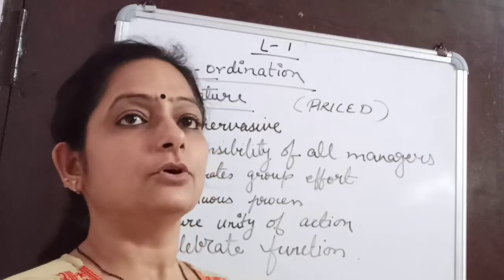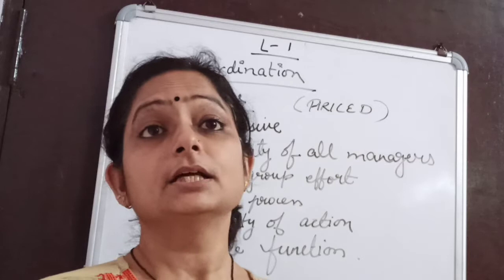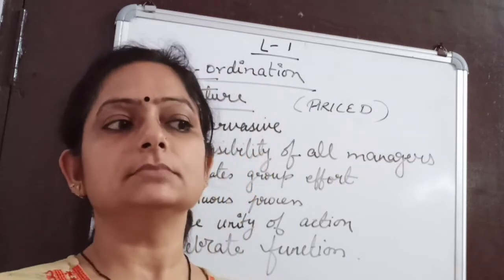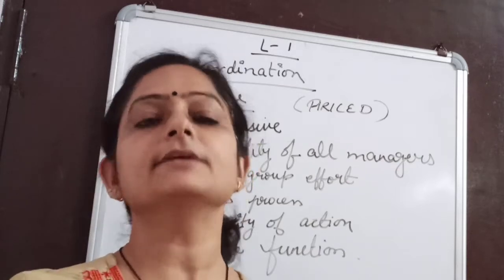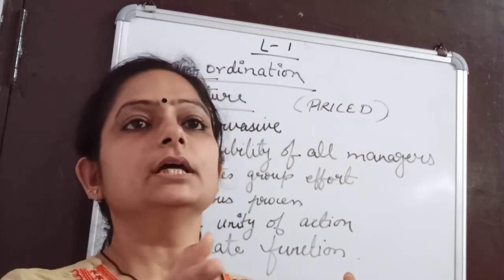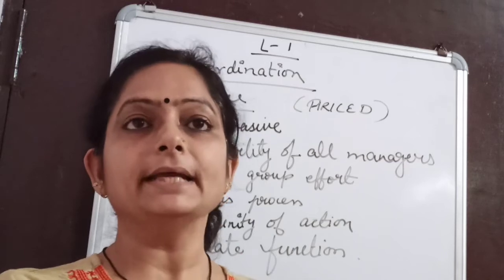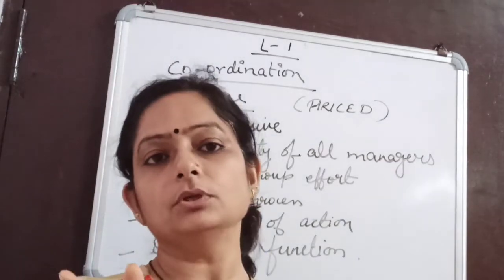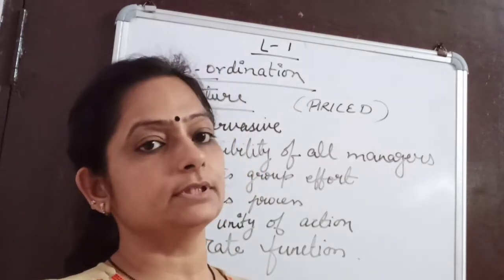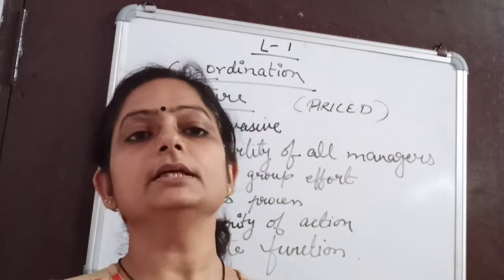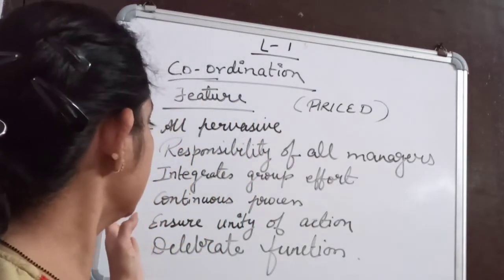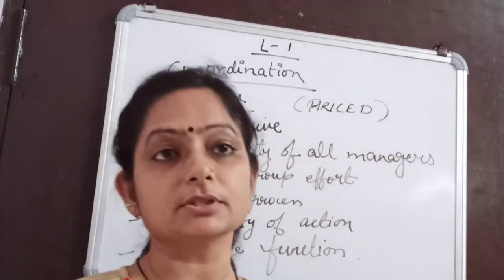The next point is that coordination integrates group effort, ensuring that the diverse efforts of each and every individual are combined towards a meaningful end. Each individual has their own goal. So if individuals achieve their own goals, definitely the group goal will be achieved. Then the next point is that it is a continuous process.